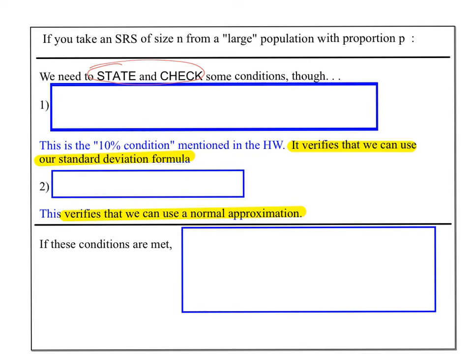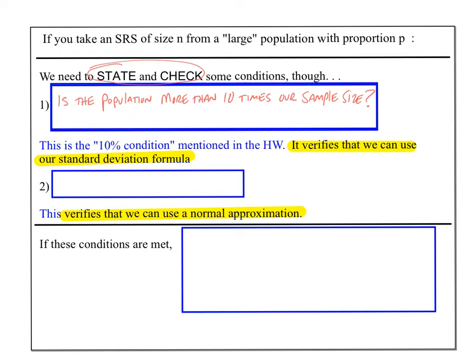So the first condition that we have to state and check is: is the population more than 10 times our sample size? So that's the question we have to ask. Is our population more than 10 times our sample size?